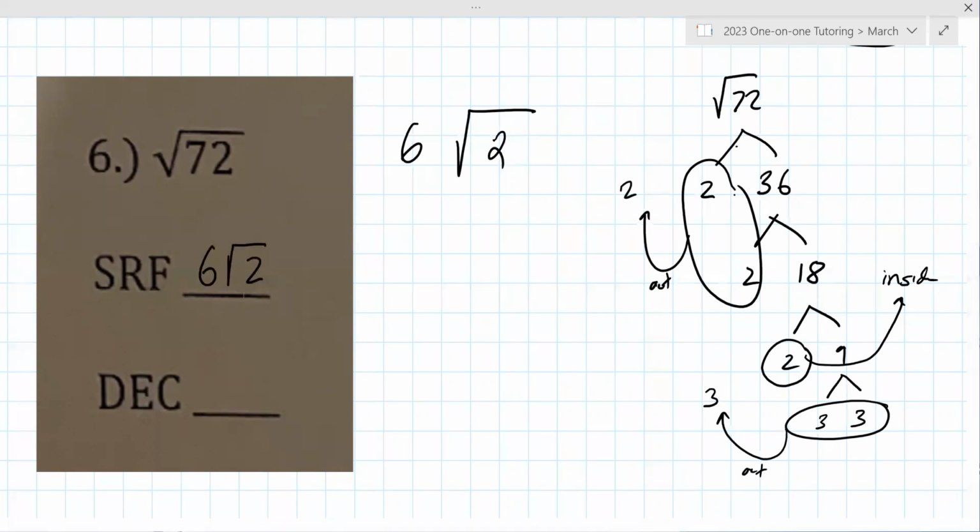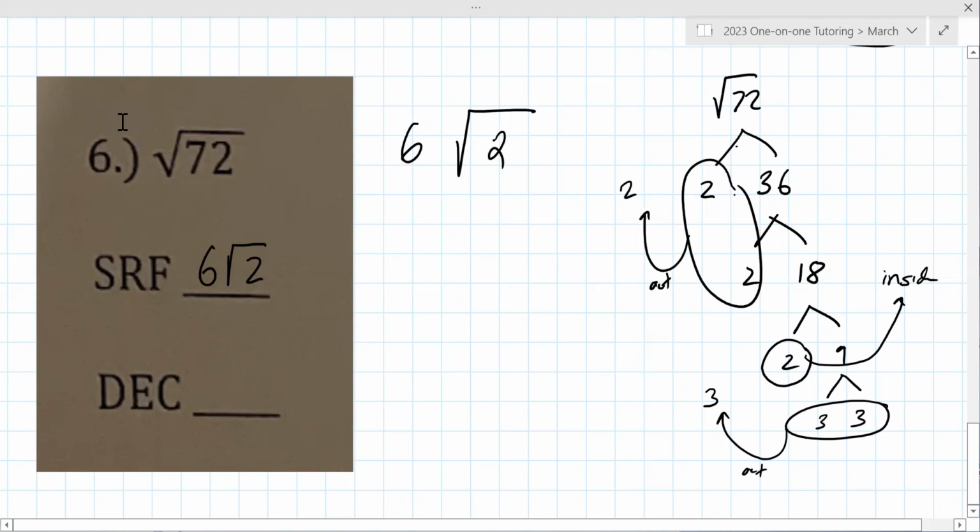All right, now I want you to go to your calculator and calculate the square root of 72, round to one decimal place. Okay. Don't just yell out the first thing you see.